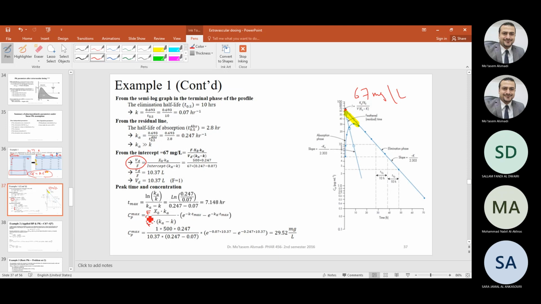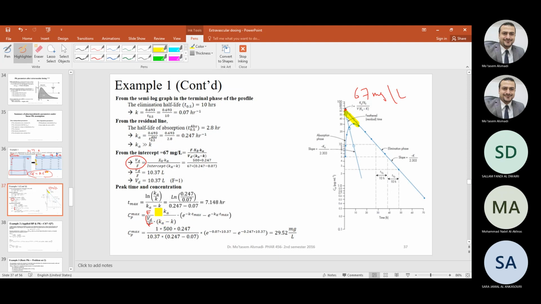And again, to emphasize the concept, if I change the dose, will the Tmax change? If in this example I ask you to get the Cp max at a dose of 1000 rather than 500, what should you do? In this equation, the only thing that you need to change is the dose.